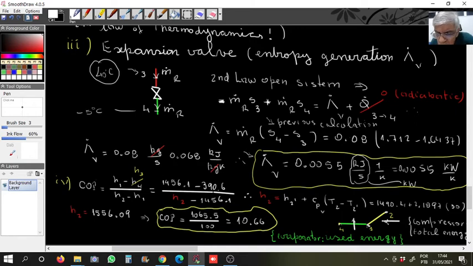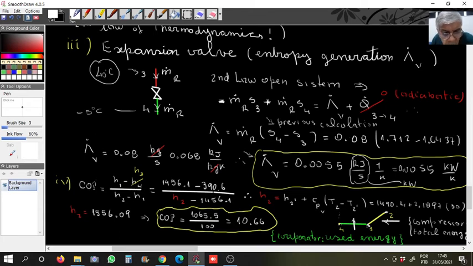Now, what is the coefficient of performance? Look, H2 minus H1 is in the denominator. This is what I paid for. Now, H1 minus H4 is what I use, but H4 is downstream of the expansion valve, which is equal to H3. Look, H4, I just cross it here and put H3.